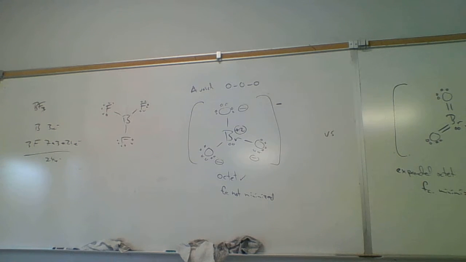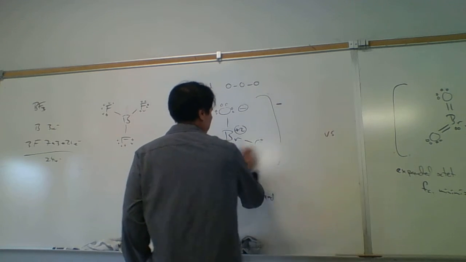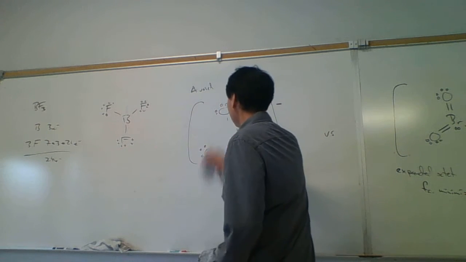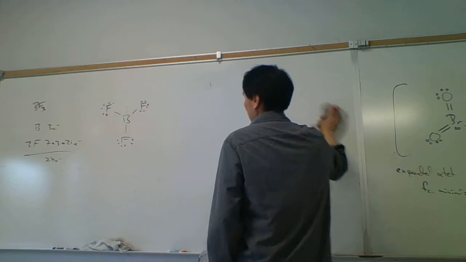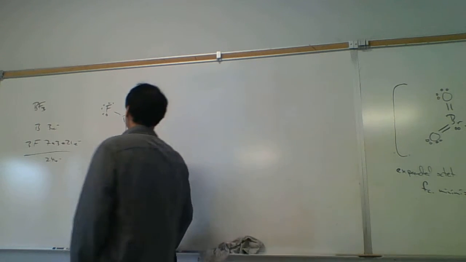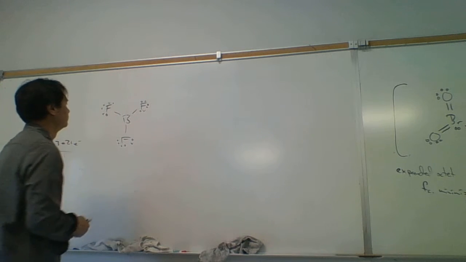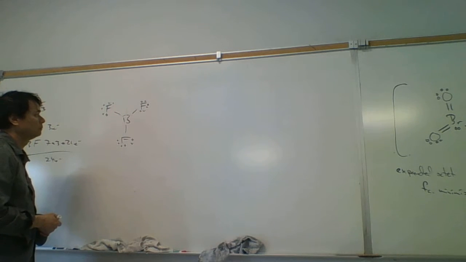That makes 24 electrons. But there's a problem. Does boron have an octet? No. Boron does not have an octet. Well, that's easy to fix, because in step 4, all we have to do is form a double bond, or a multiple bond.